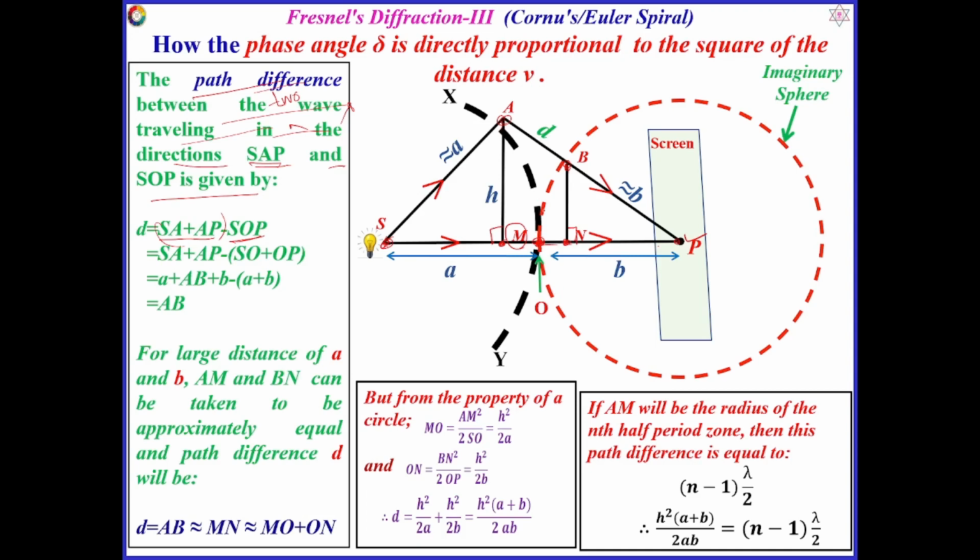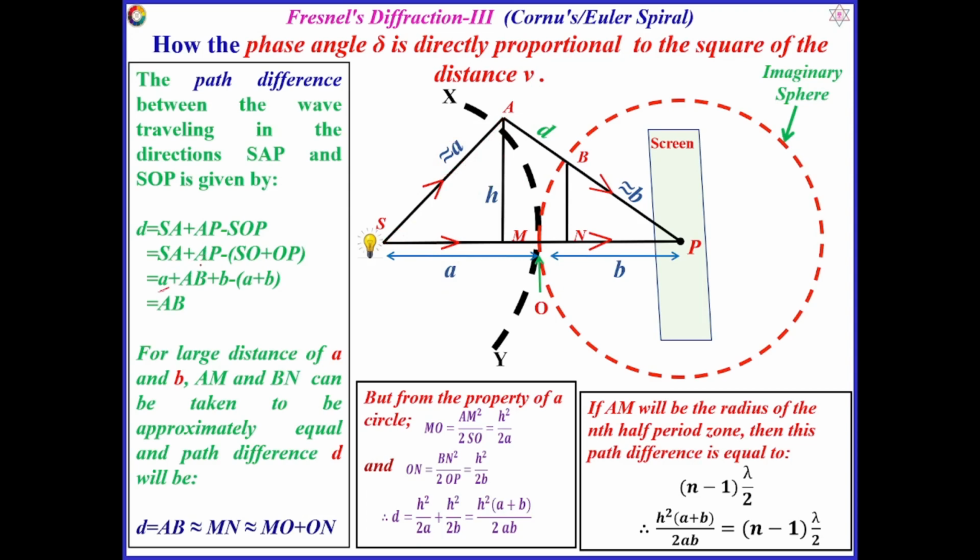Now SA is approximately a, because if this angle decreases, the A point will come down, and this length will be approximately the value a. a is the distance from S to O. For a small angle, SA will be approximately a, which I substituted here.